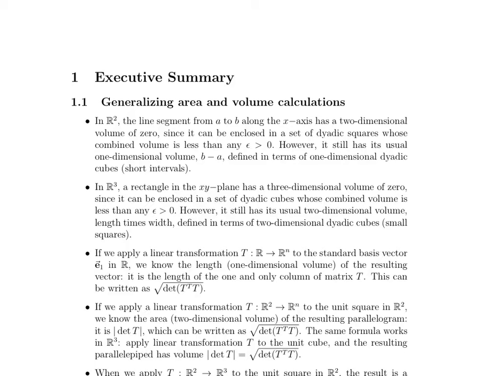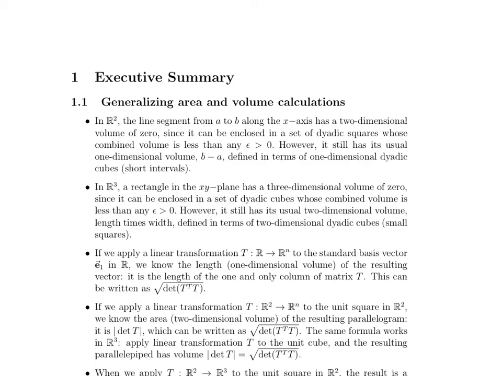Note that if we apply a linear transformation T to the standard basis vector e1 in R, that's just the number 1, we know the length of the resulting vector. It's the length of the one and only column of the matrix T. And we can actually compute this length by, yes, I know that you'll say, oh, we take the square root of the sum of the squares.